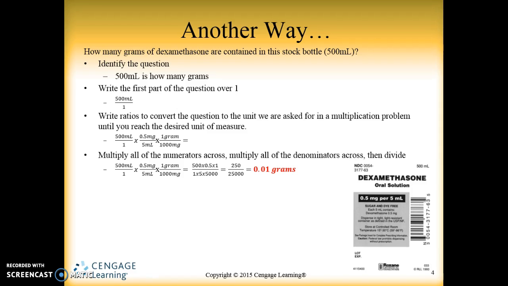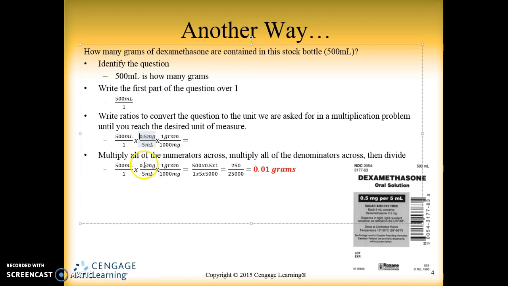And I do that by multiplying that fraction, 500 milliliters over 1, times pieces of information I know. So I'm going to start with, what information do I know from the problem, or in this case from the label. In this case, I know that there is 0.5 milligrams per 5 mLs. And I wrote that as my second fraction. Right here you can see that's my second fraction.